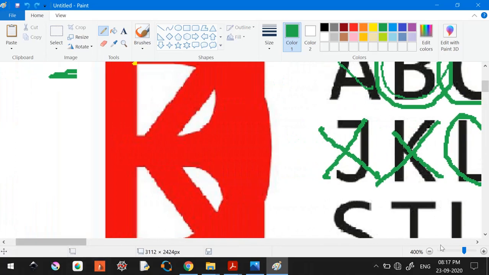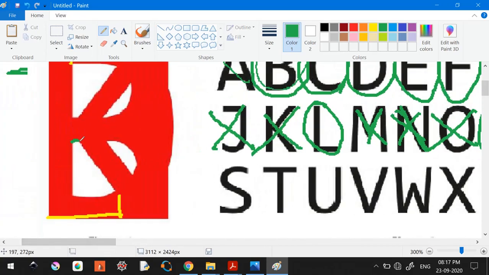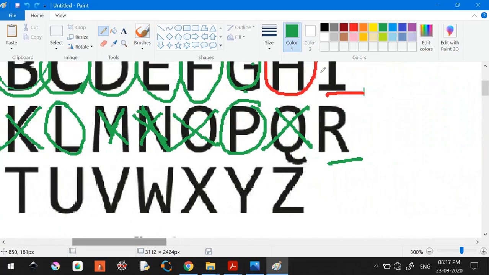But if I come here, the landing looks smaller in proportion to that. Also, this is a straight line, not a curvature like this. So I think even R cannot be fitted.